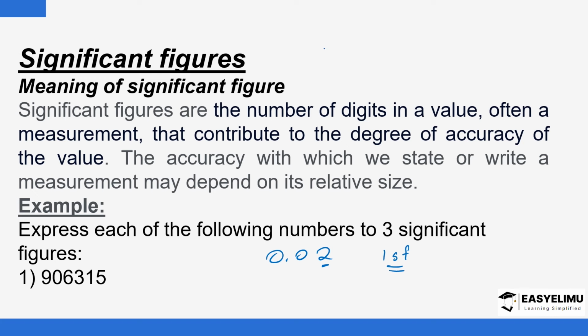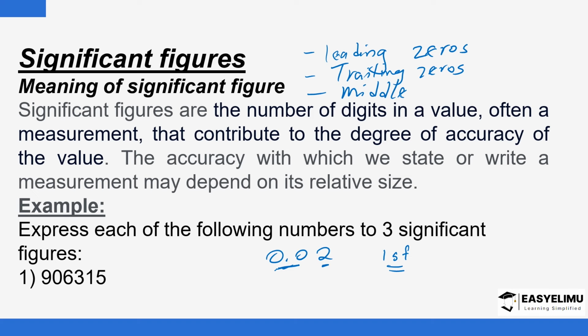So we have the zeros we call leading zeros. These are the zeros before, like these ones here you can see. And then we have trailing zeros. And then, of course, we have middle zeros. The trailing zeros are like something like 20400, you see these ones.